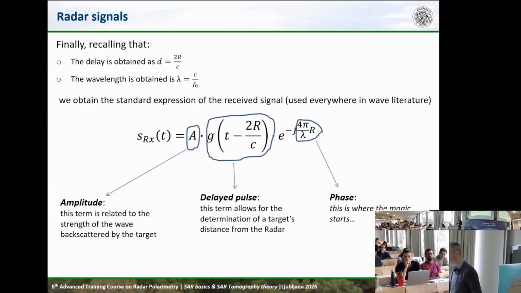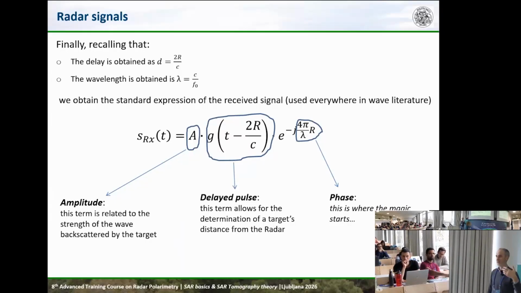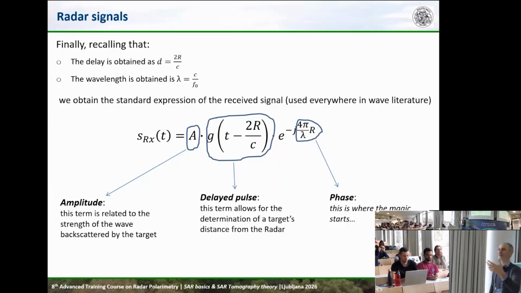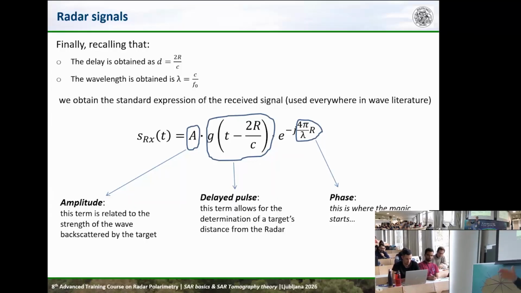We have the amplitude. This term is telling us more or less how big the target is, or let's say how reflective the target is. I made an example with a cat. So let's say that we have a cat and then a metallic cat.